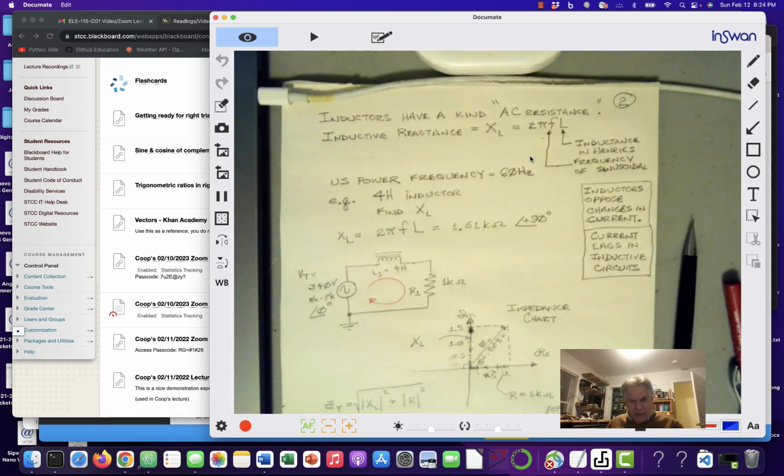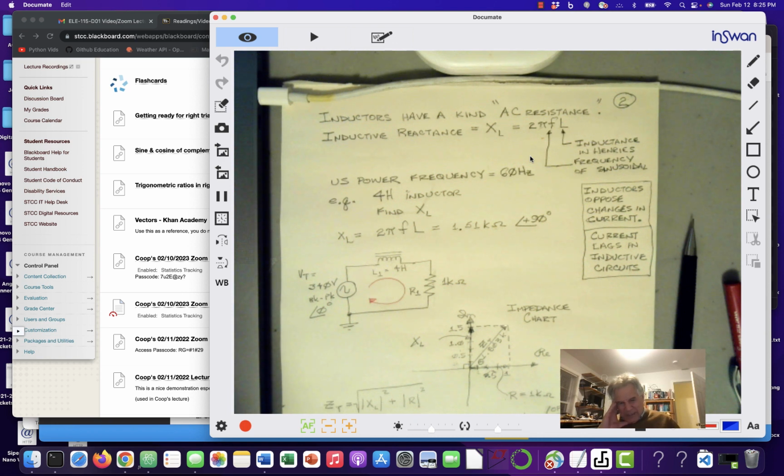So if you think you're going to reduce that current very quickly, or even at any rate, I'll collapse my magnetic field, and I'll generate a back EMF or back voltage against you, reducing my current.